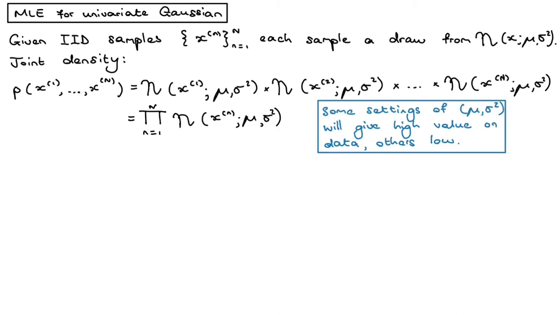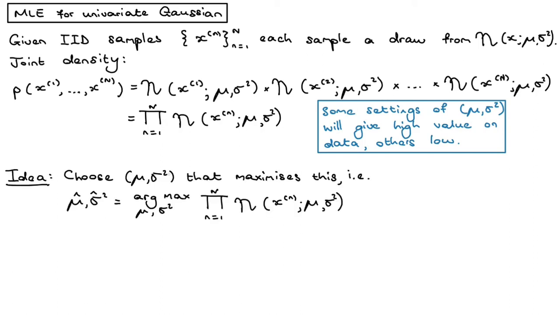So some settings of mu and sigma squared, if we plug them in here with the data that we observed, will give high values. Others will give low values. So the basic idea is that we're going to choose our estimates for mu and sigma squared to maximize this number given our data set. So this thing here, we can think of as something that's a function not of our data, but of the parameters mu and sigma squared.